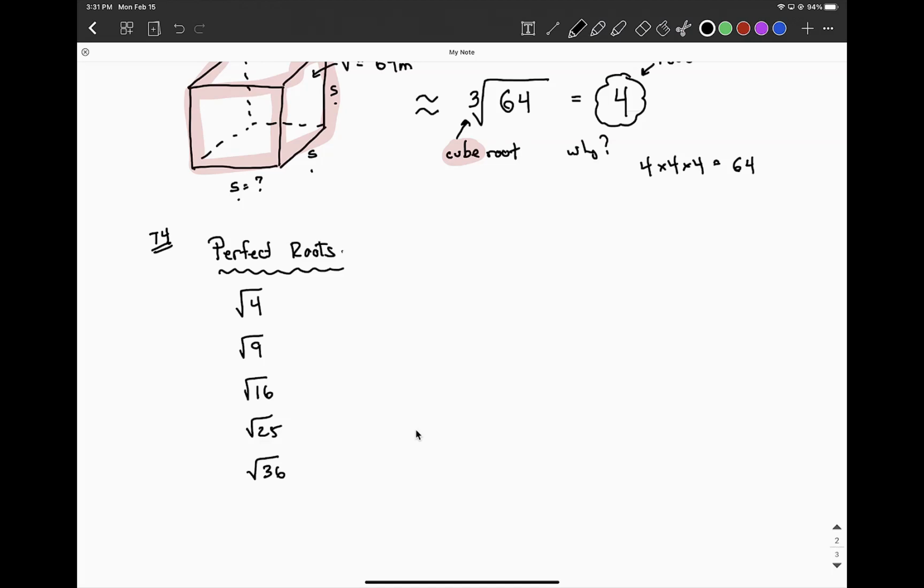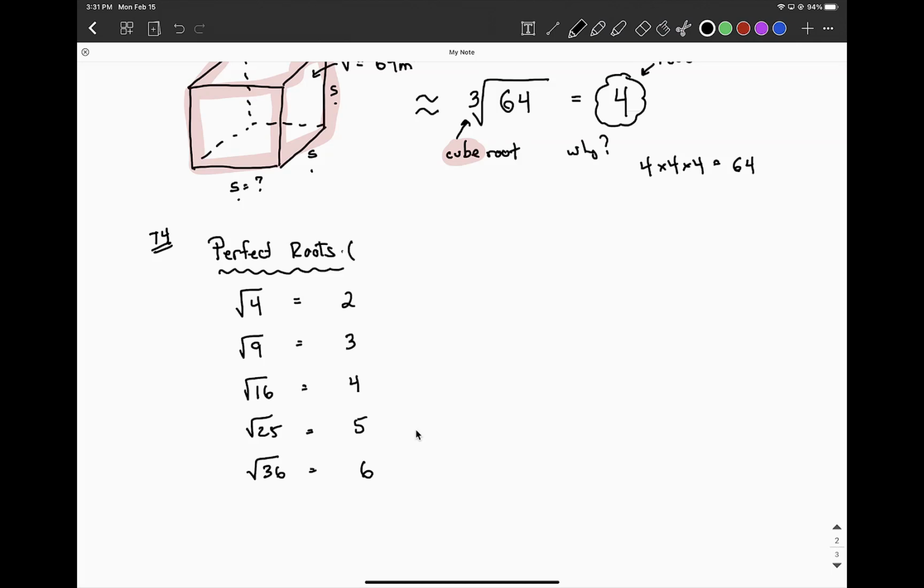There's the first 5. There's more, but you have to skip quite a few numbers to find a perfect root. These are all perfect. Use your calculator and type them in. I promise you, you won't get a single decimal. You're going to get a nice number. Great. Perfect.